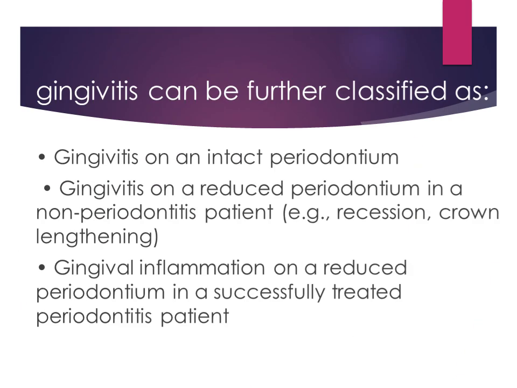Depending on whether gingival inflammation occurred on an intact periodontium or on a reduced periodontium, gingival inflammation can be further classified. Gingivitis on an intact periodontium means that the supporting apparatus of the teeth was not previously affected by an inflammatory response.